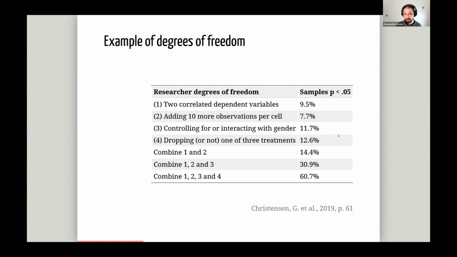We expect just 5% of these tests to be significant due to chance. And as we combine more of these arbitrary decisions, the likelihood of finding a significant result increases. I think this really highlights very nicely how arbitrary decisions lead to false positives in our research.